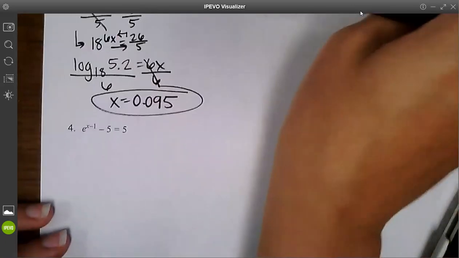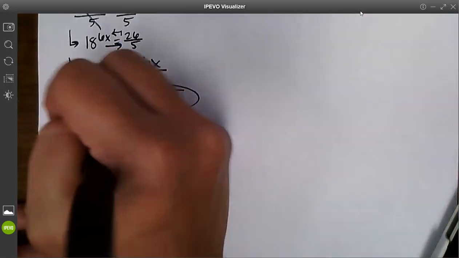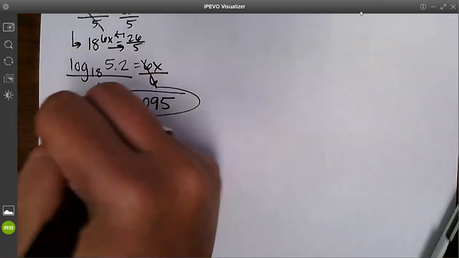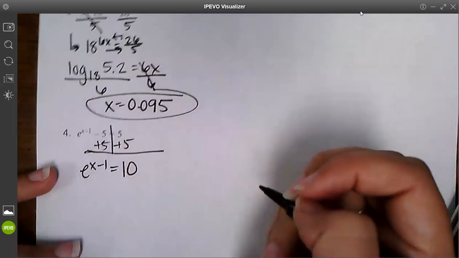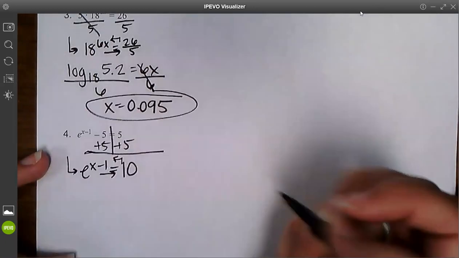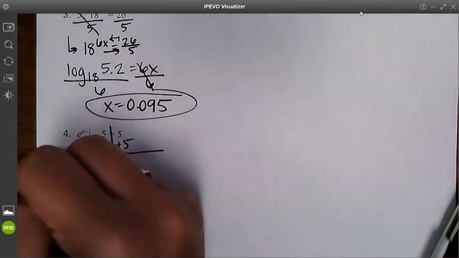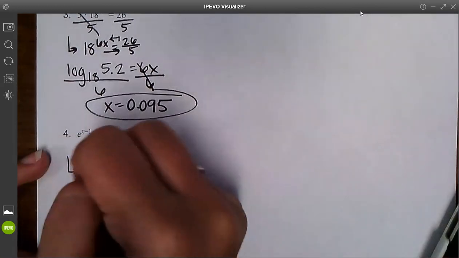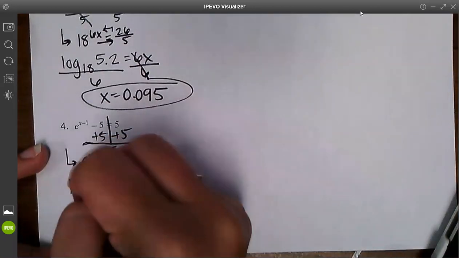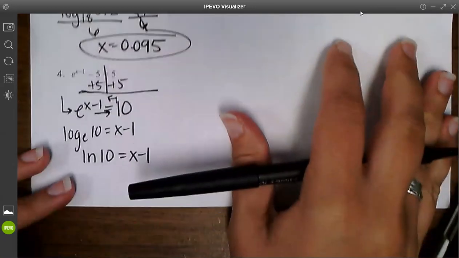The next one, I have e. So first I'm going to add this 5 to both sides. So I have e to the x minus 1 equals 10. Convert that to logarithmic form. Remember, log base e is the natural log. So you have log base e of 10 equals x minus 1. Don't leave it as log base e. Write the natural log of 10 equals x minus 1.